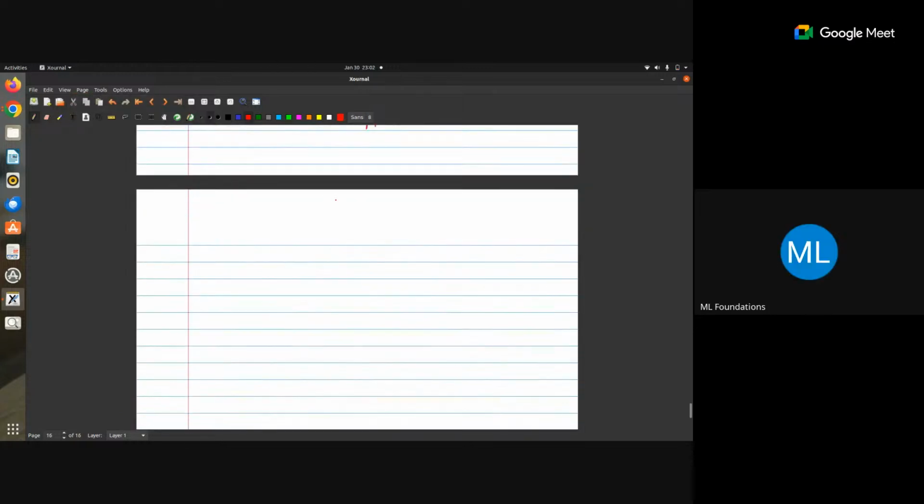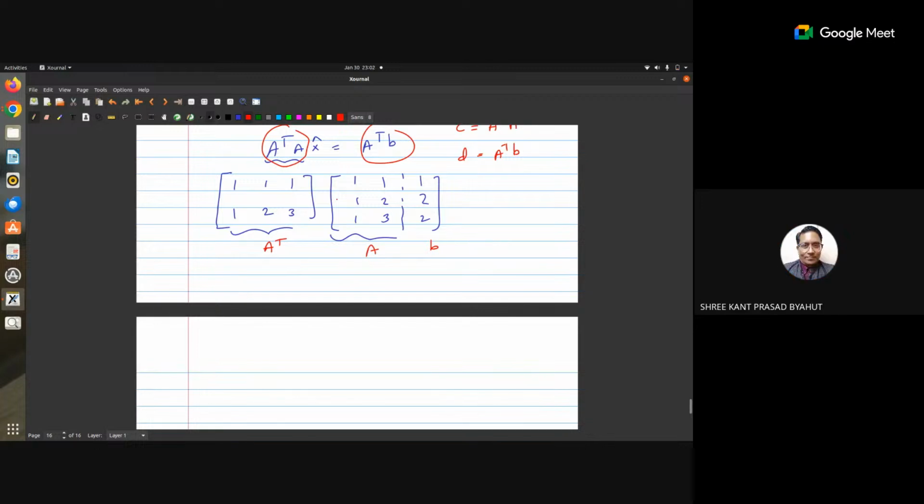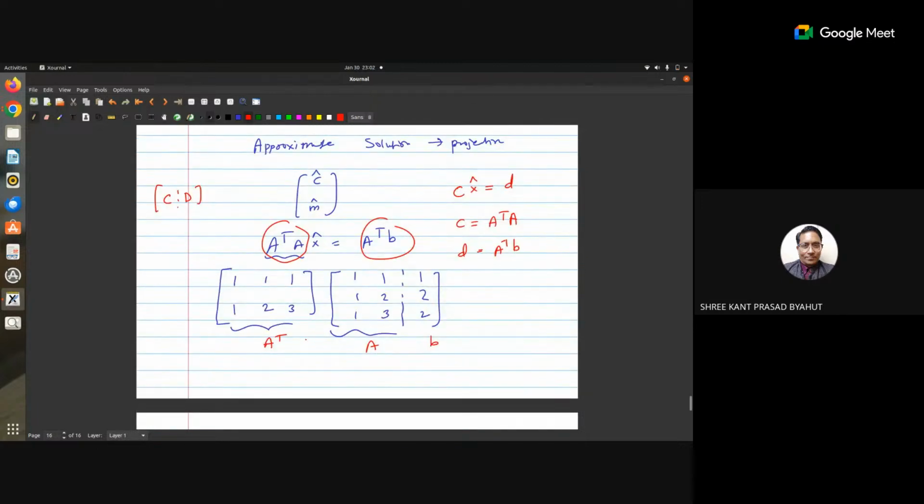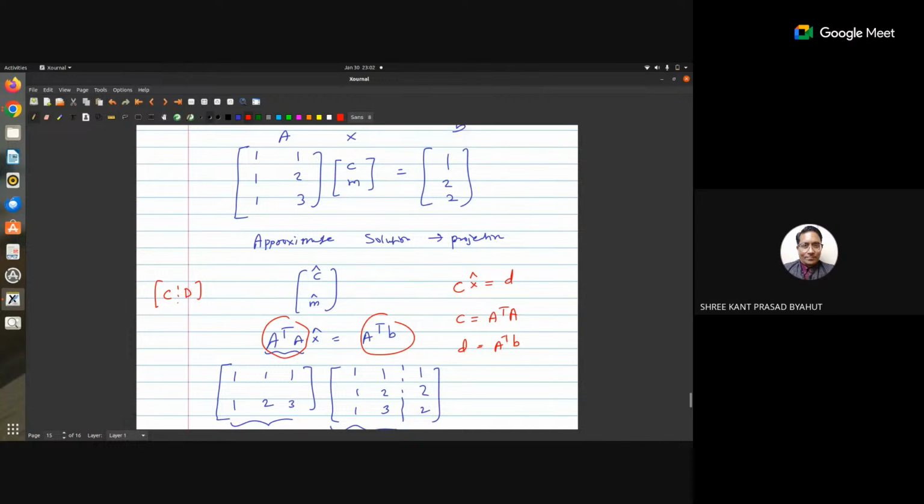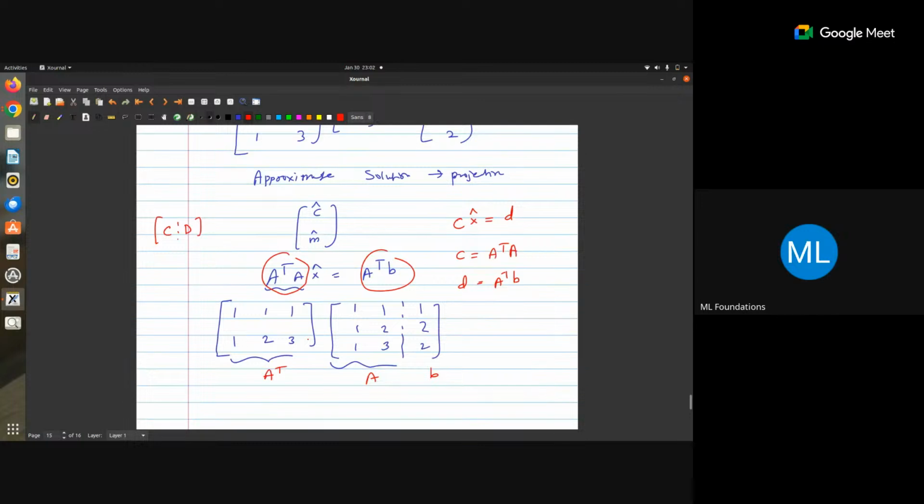Okay, so how to do that now? How to solve this? Yeah, that part, just a minute, this one. A transpose is okay. And A is the matrix 1 1 1 and 1 2 3. And x hat is? x hat we have to find out. These are the variables.